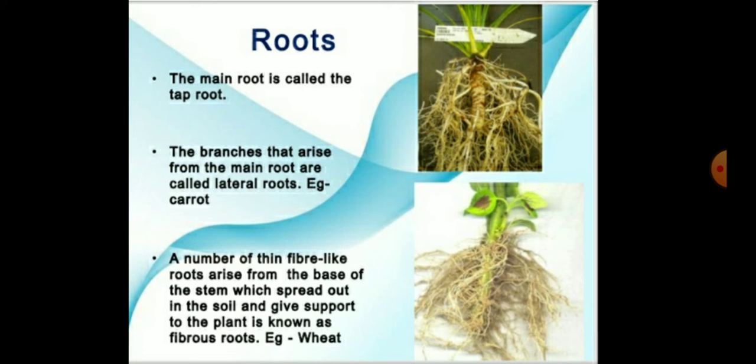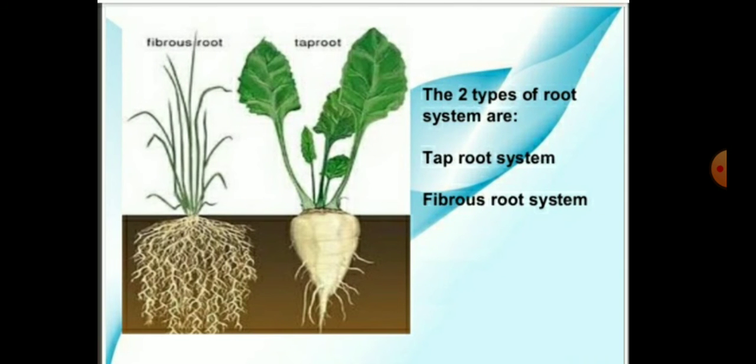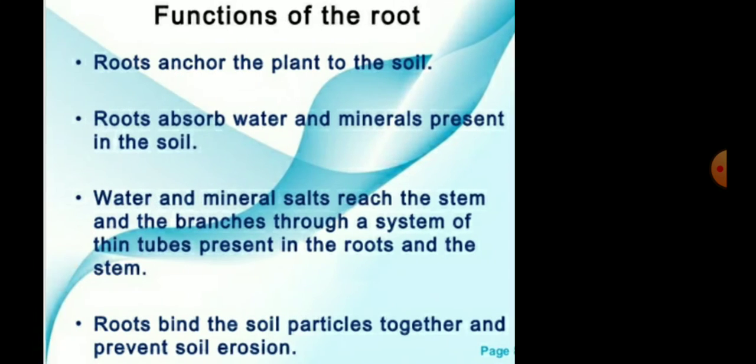For example, wheat is the example of the fibrous root. Children, according to this there are two types of root system that we have discussed: tap root system and the fibrous root system.